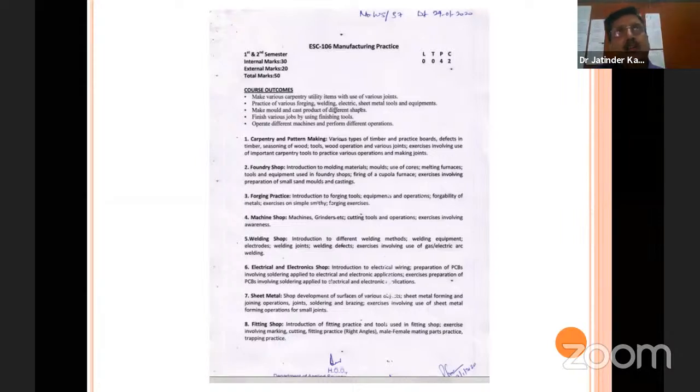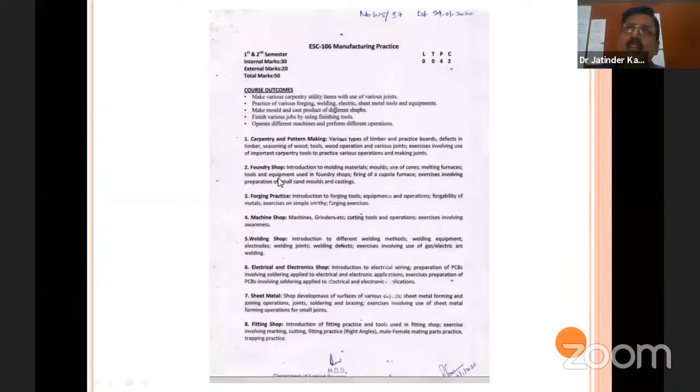Shaping process means you can see various items in the market, certain metal items, certain non-metal items. In metal again, various types of materials are there, that is ferrous and non-ferrous, right? So we will be dealing with the various types of materials, and the various components in the markets are manufactured by a shaping process. We here practice the primary shaping process that is carried out in the foundry shop.